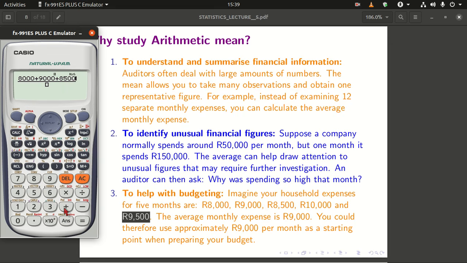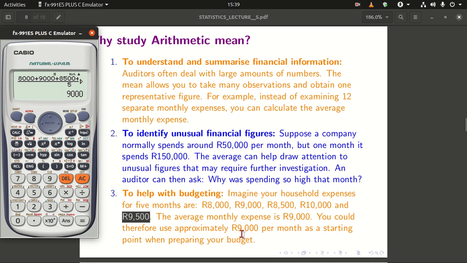And then you also had 10,000 plus 9,500. And how many of these observations do I have? 1, 2, 3, 4, 5. So I have 5 of these. And now the average is going to be 9,000.